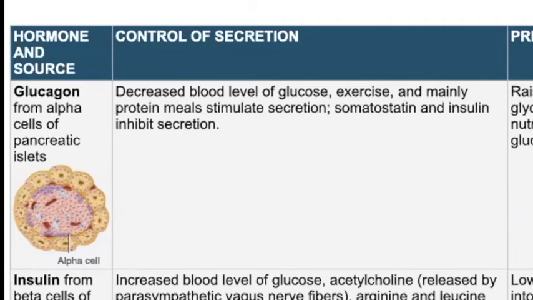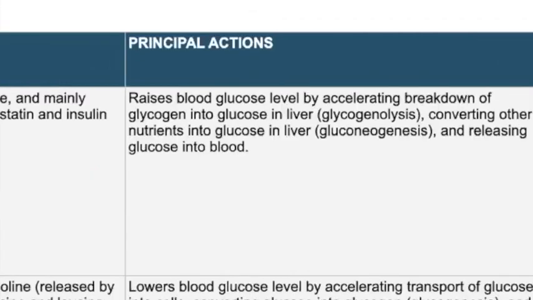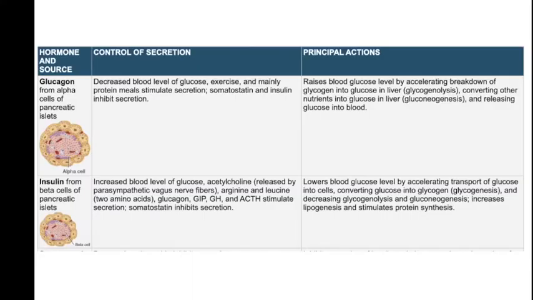These are the alpha cells of the pancreatic islet, and its control is opposite and its effect is opposite. It's going to raise blood glucose level by doing various things, which we won't necessarily get into, but they all have to do with breakdown of glycogen or converting other nutrients into glucose. So that's going to raise the level of glucose.